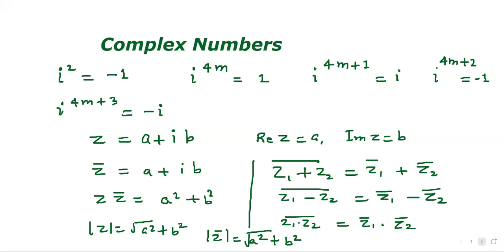Let's see what is argument. So z equal to a plus ib. So arg z or amplitude of z is equal to tan inverse of b upon a.